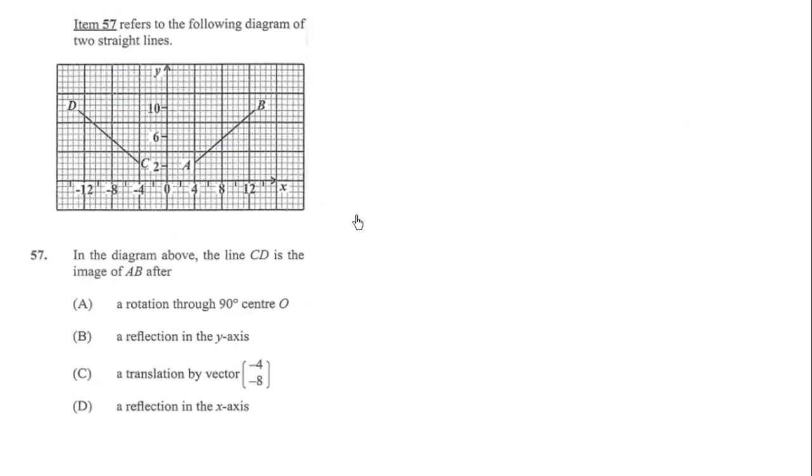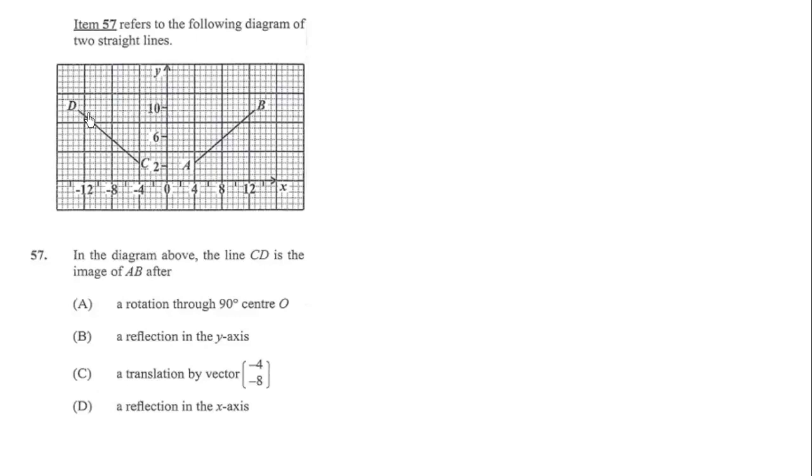Now we have this 57. Item 57 refers to the following diagram of 2 straight lines. So we can see that for this straight line, the distance from A to the line x equals 0, which is the y-axis, is the same as the distance from C to the y-axis. The same thing applies here. The distance from B to the y-axis is the same as the distance from D to the y-axis.